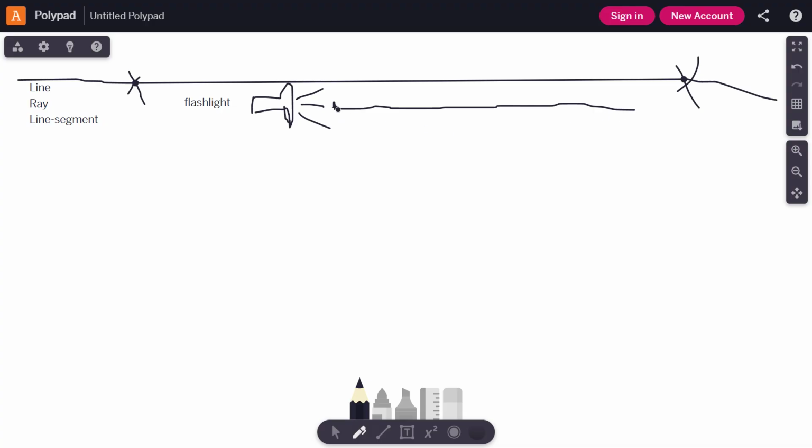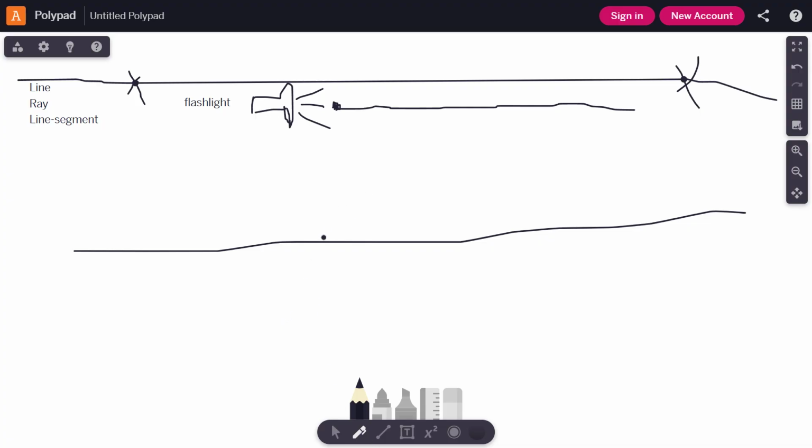It has one point, so it can't stretch no more to the left, but it can stretch to the right. So a ray is basically just like a line, but you can only stretch in one direction, either left or right.